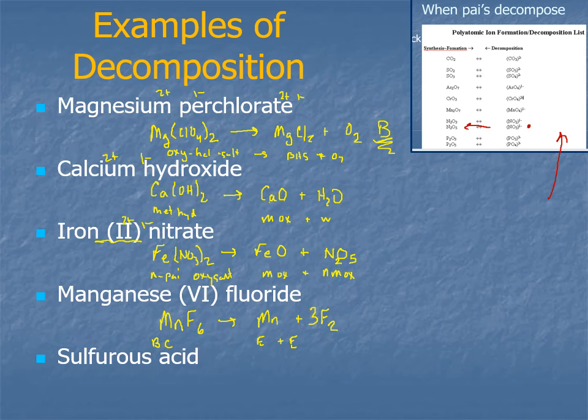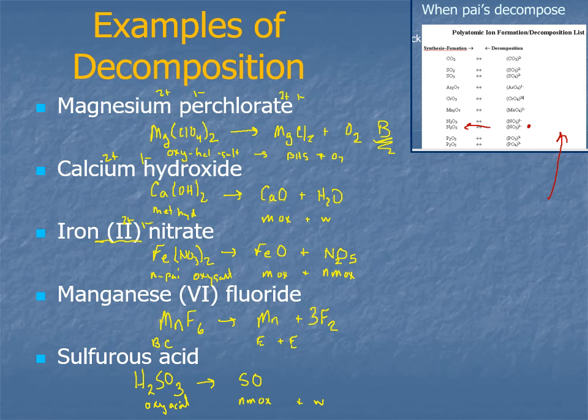And that balances. Lastly, sulfurous acid, so H2SO3. Sulfurous comes from sulfite, SO3, and positive 1, negative 2, crisscross. This is an oxy acid, and oxy acids break down into nonmetal oxides and water. The nonmetal oxide must be a sulfur-oxygen combination, and sulfites, what do they break down into?